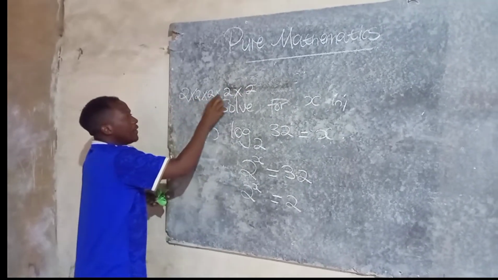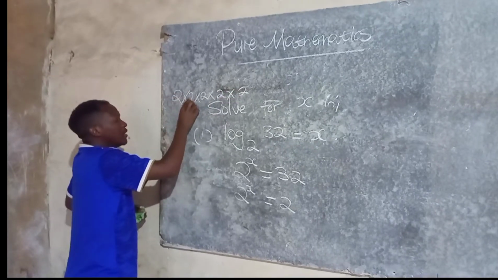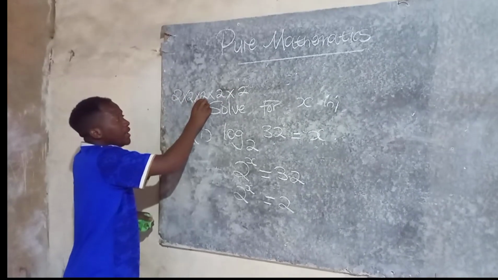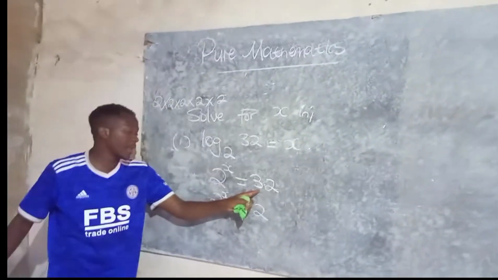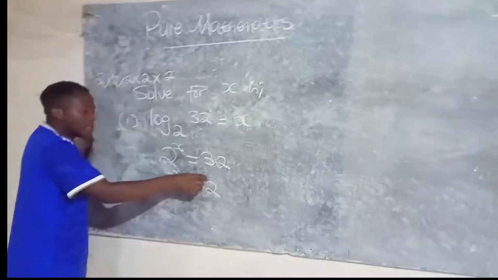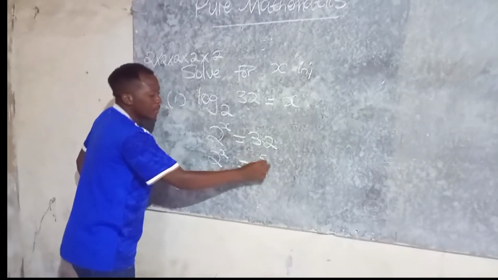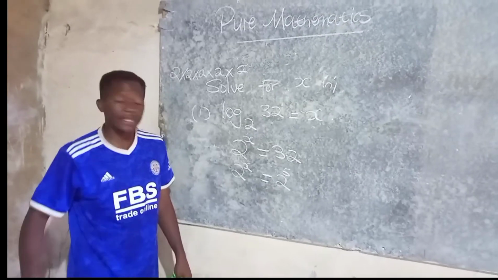So 1, 2, 3, 4, 5. 2 times 2, 4, times 2, 8, times 2, 16, times 2, 32. So this 2, for it to represent 32, is supposed to be multiplied 5 times consecutively.